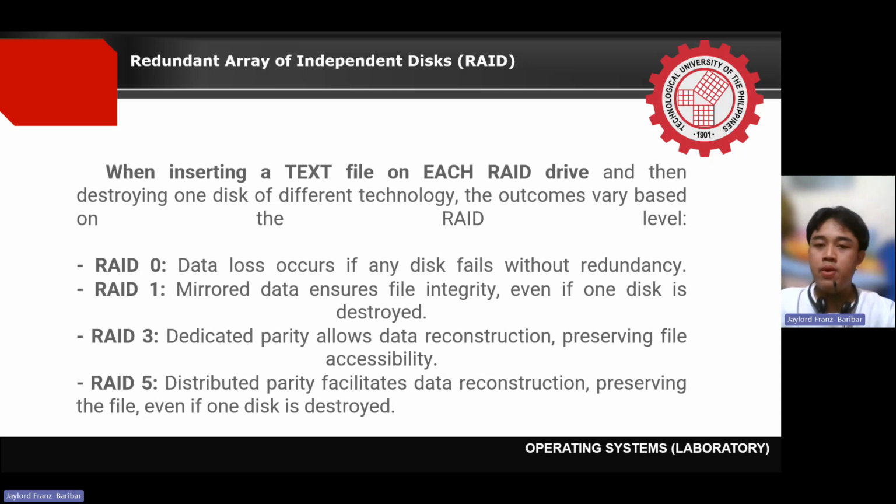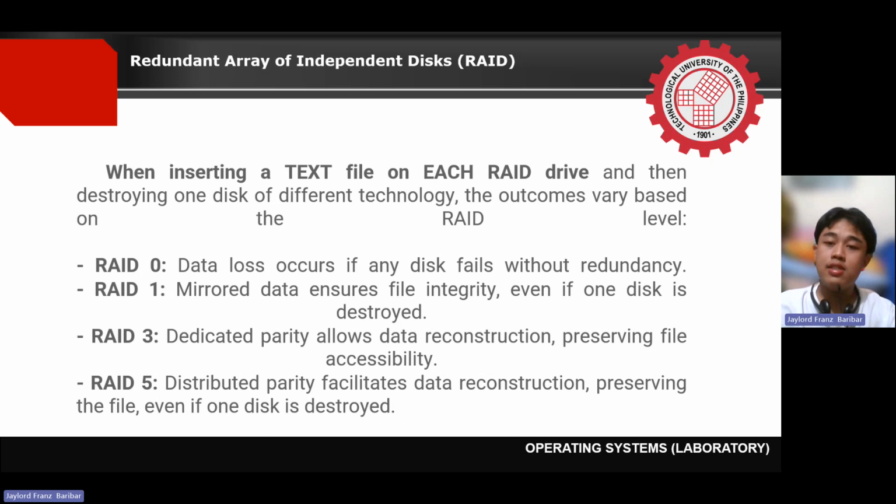All right. Imagine you've got a text file on each RAID drive, and then you go ahead and destroy one of the disks. So here's what happens with each RAID level. For RAID 0, if any disk fails without a backup, you are looking at data loss, so you will lose all your data.